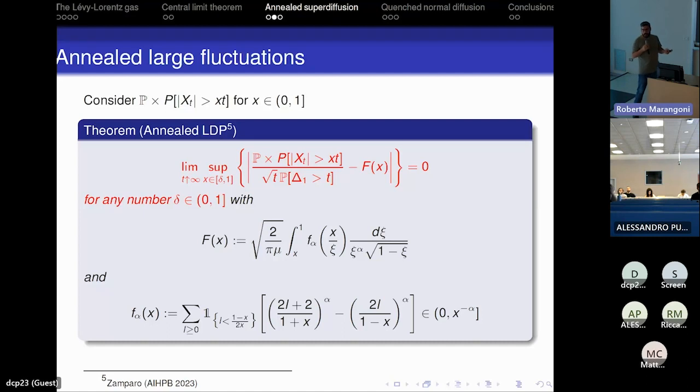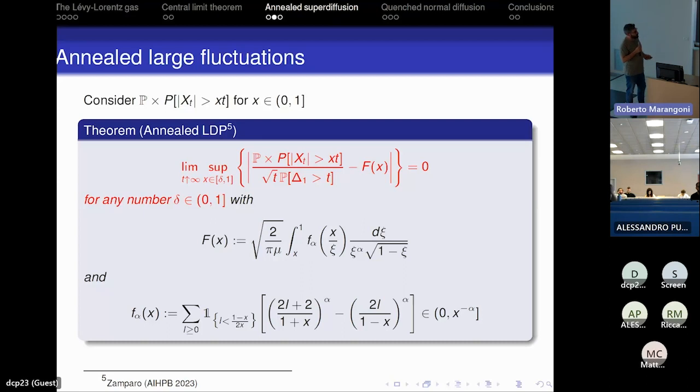So the probability of a large fluctuation of X_t is the number of interdistances experienced by the particle up to time t times the tail probability of delta 1. And this is the mathematical formulation of the principle of the single big jump.